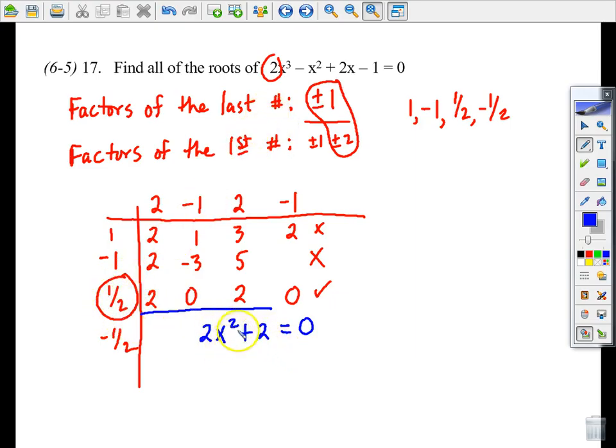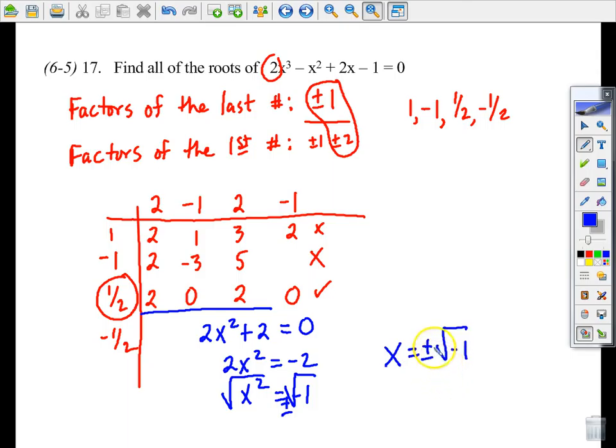So solve for x, just like we've been taught many times. The first step would be to subtract 2. Divide by 2. And now do the square root of both sides. Don't forget plus minus. So we're left with x equals plus minus the square root of -1.